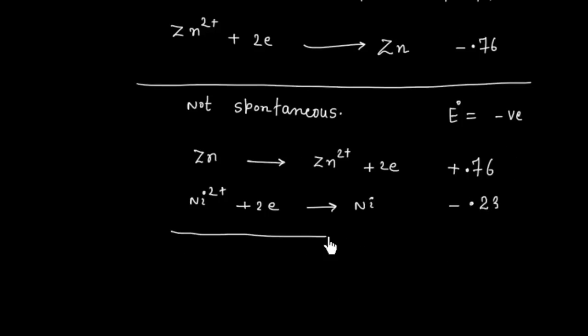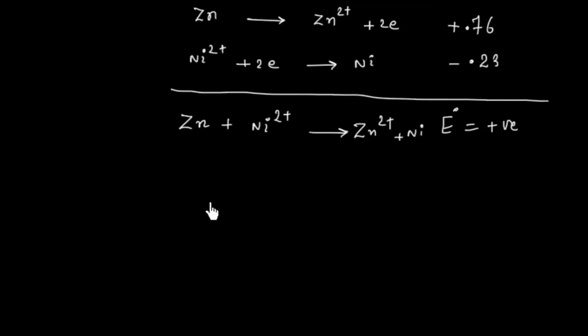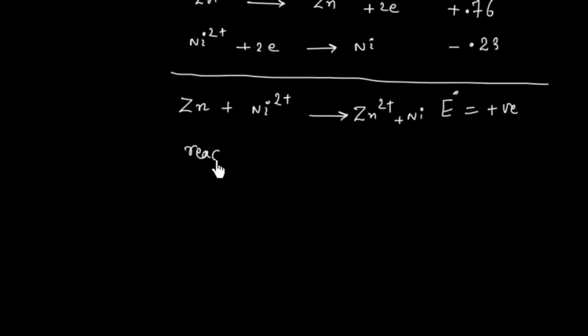Now if we add this reaction, in this case E degree is coming out to be positive, so E degree is basically positive. So this reaction is spontaneous: you have Ni2+, and this will give you Zn2+ and Ni. In this case the reaction is spontaneous.